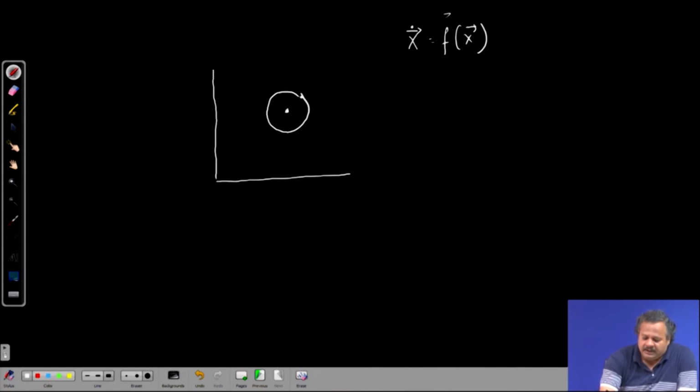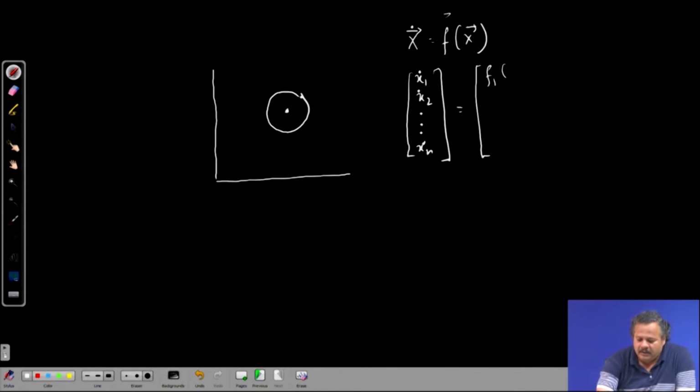Let us say the vector x is given by the elements x1, x2 up to xn, and these are the derivatives of that, and f(x) is basically going to be f1 as a function of the elements x1 up to xn, and this is f2 of x1 up to xn, this is fn of x1 up to xn.